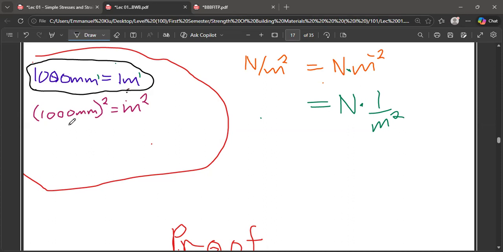So finally, you're going to get 1,000 squared, or let me say 10,000 millimeter squared. You see, the exponent is not going to just affect the unit, but it will affect the number also. So you're going to get 10,000 millimeters squared is equal to 1 meter squared. Please, you've written 100,000. It's more than 10,000. It's 1 million.